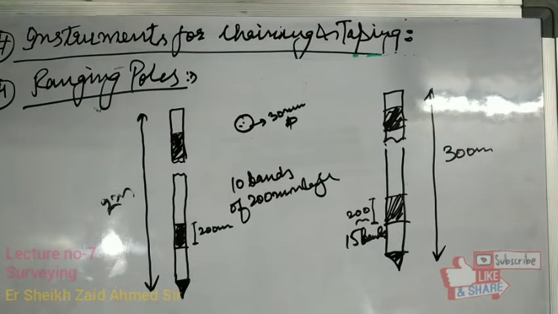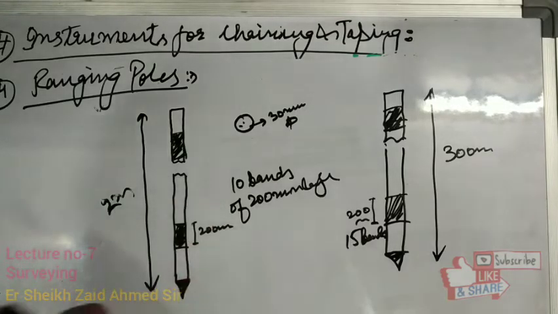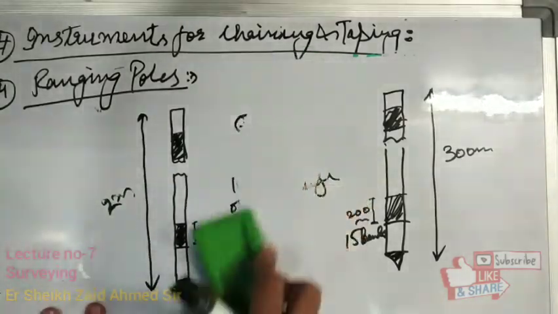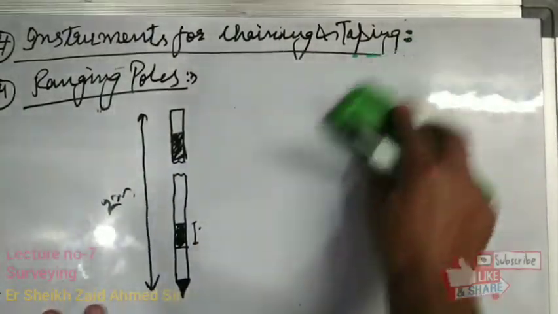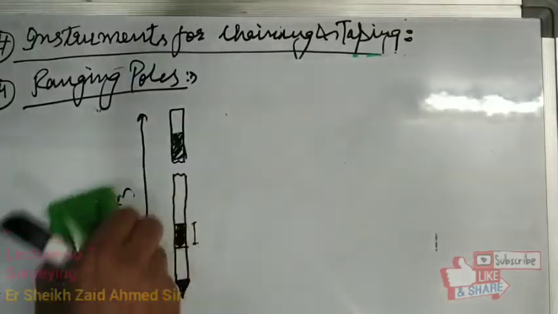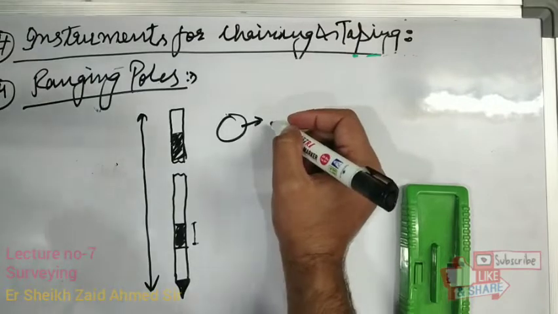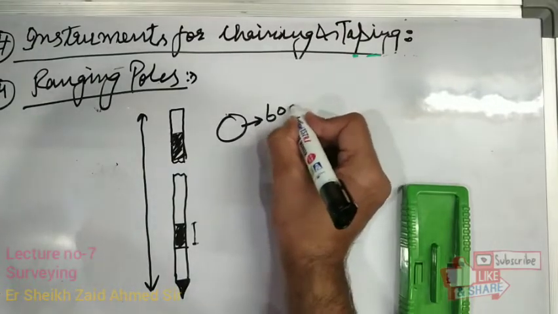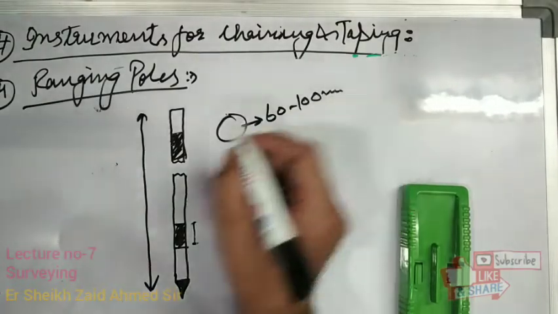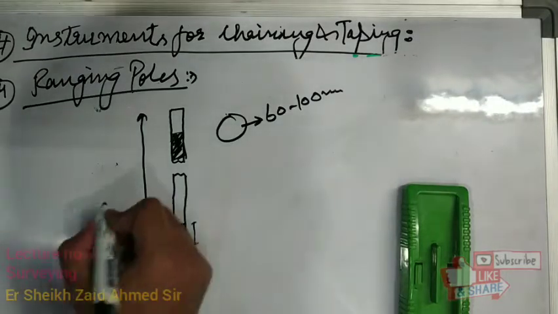If we want to range very long lines, the ranging poles are used. They are similar to ranging rods, but they are of heavier section and are of greater length. In case of ranging poles, the dia varies from 60 to 100 mm, and the length is 4 to 8 meter.